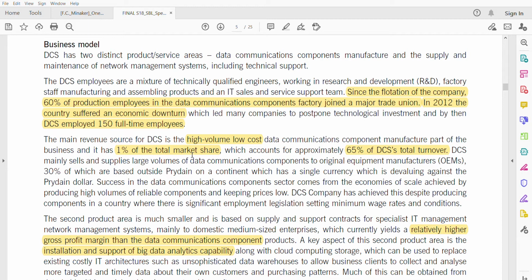Okay, now let's resume. Here they have used 1% of the total market share and 65% of the DCS total turnover, and also this 30%.